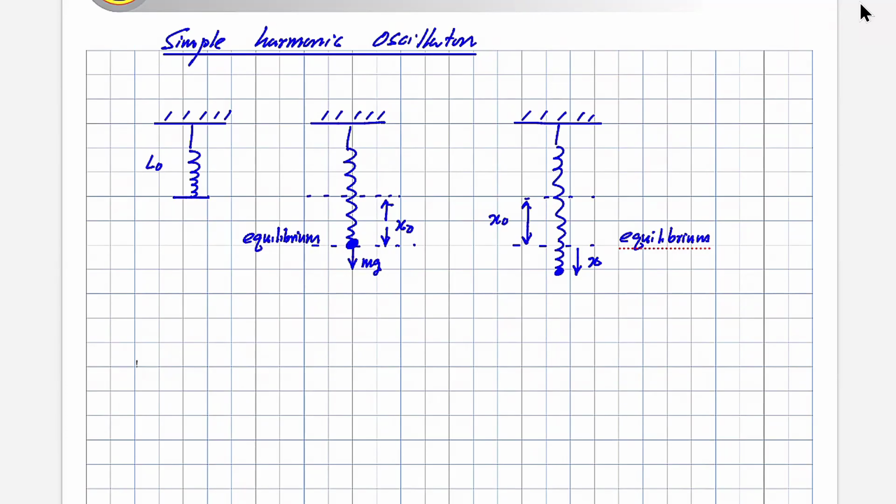Because of that pulling, this object is doing this type of motion. It's a simple harmonic oscillation.